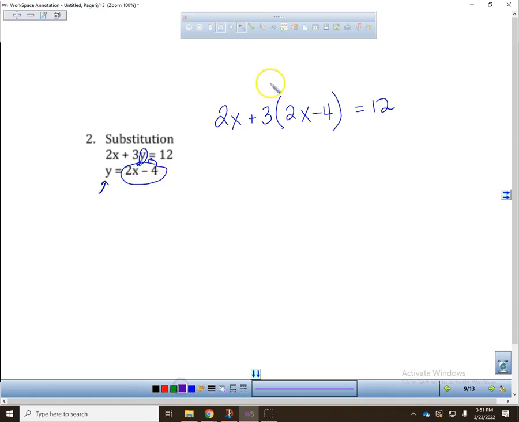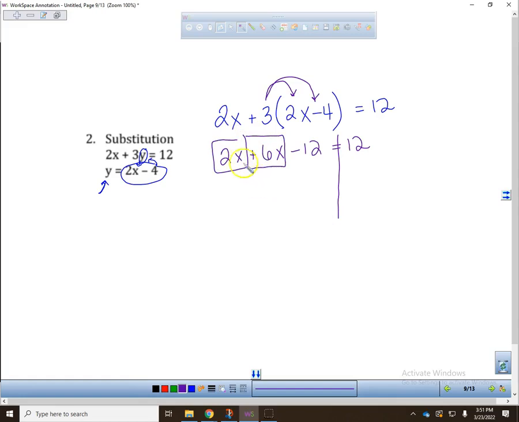So let's go ahead and solve this. I always distribute first, if possible. So I'm left with 2x plus 3 times 2x is 6x. 3 times negative 4 is negative 12, equals 12. I need to combine like terms. So I'm going to see which of my terms are alike.